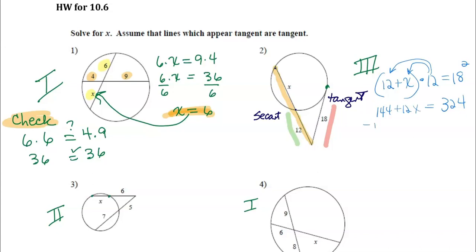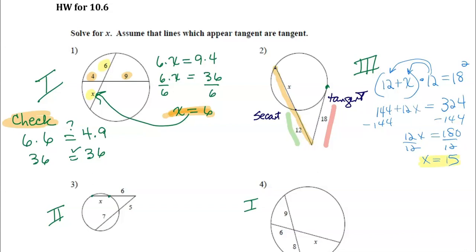First step, subtract the 144 from both sides, and 324 minus 144 gives me 180. So 12x equals 180. Next step, divide both sides by 12. So 180 divided by 12 gives me 15. So 15 is our answer.